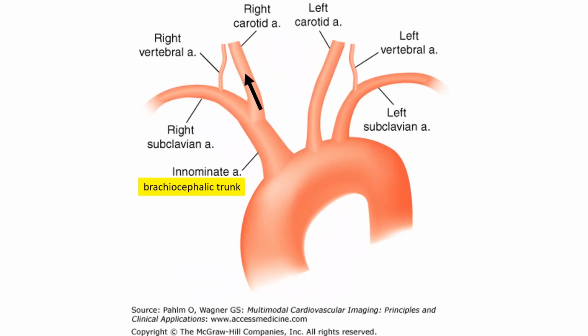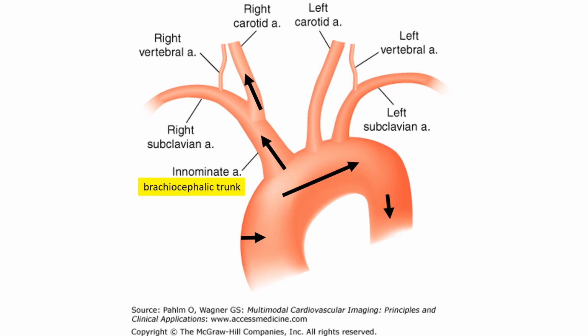Here's more clarification of the fact of the arch moving from right to the left. And this is the ascending aorta, and this is the arch of the aorta, and this is the descending aorta, and the arch of the aorta is going to give the brachiocephalic trunk.